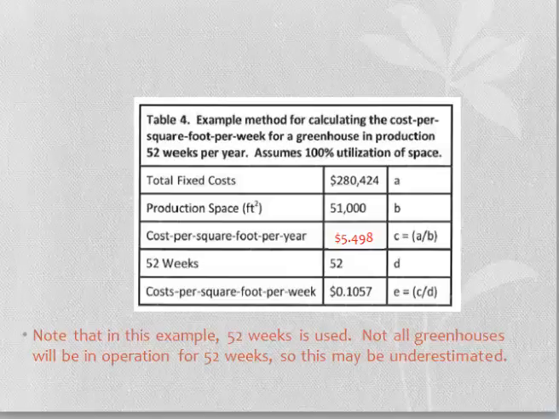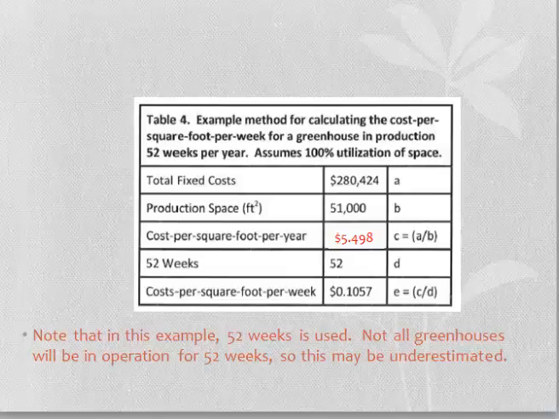When you divide the total fixed cost by the production space, it will give you a cost per square foot per year. So, and I have corrected, if you do the math, your book has an error here. So the answer that I have provided you in red is the correct answer. If you calculate this for every square foot of the greenhouse, you will need $5.49, roughly 50 cents. So roughly $5.50 to operate each square foot of the greenhouse.